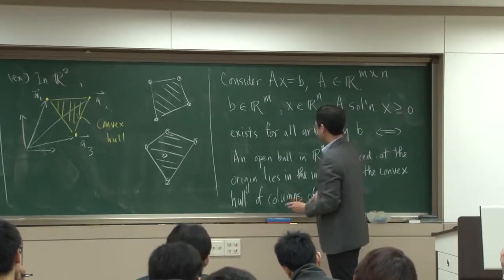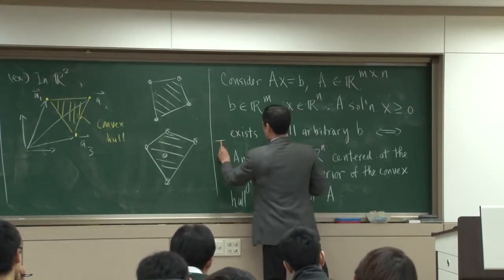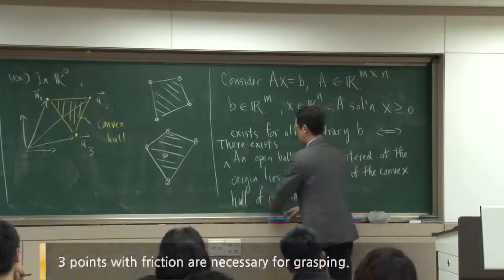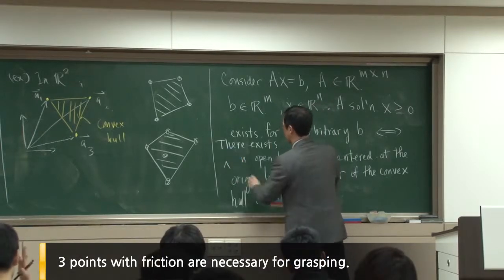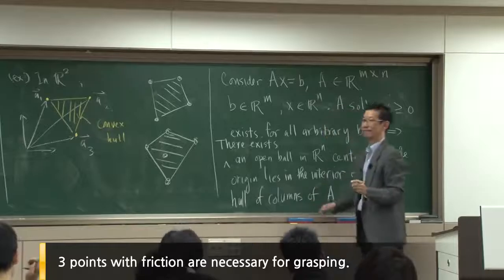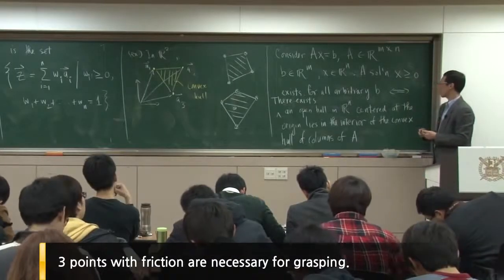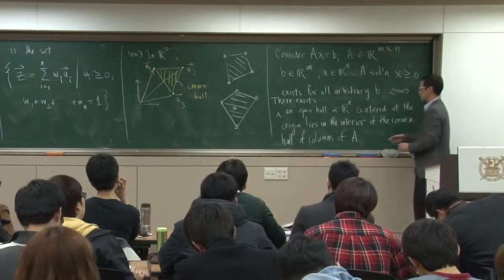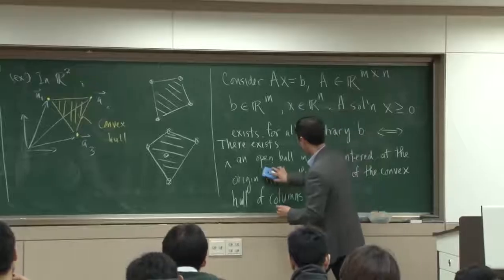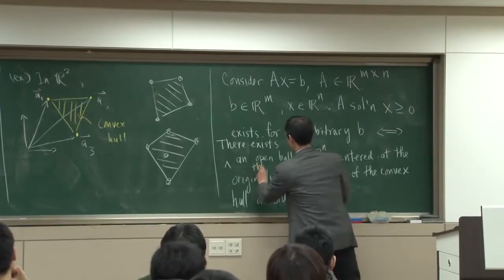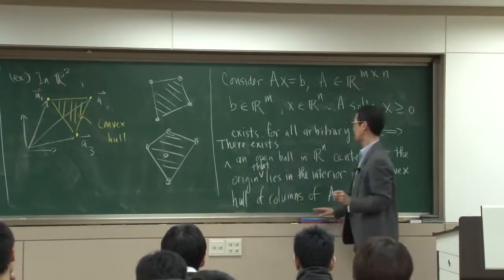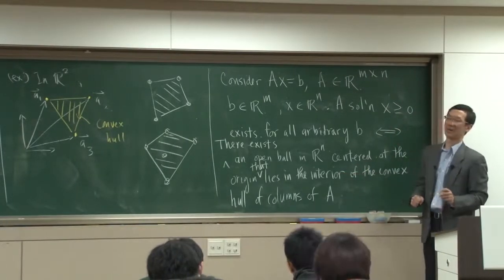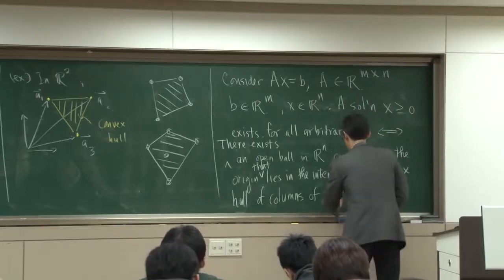To be a little more precise, let's add a "there exists" at the front: there exists an open ball in Rn centered at the origin that lies in the interior of the convex hull formed by the columns of A.